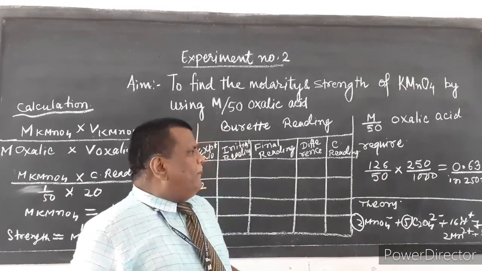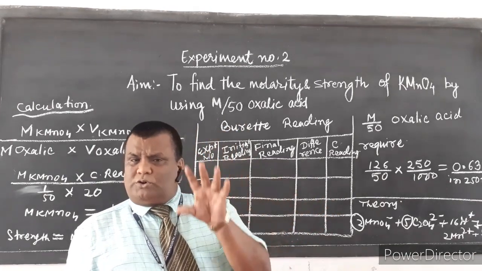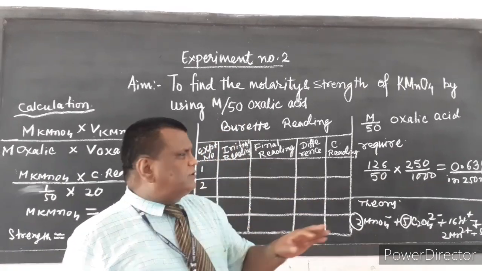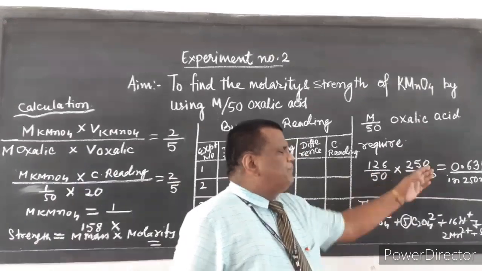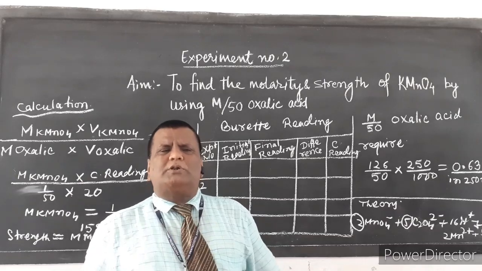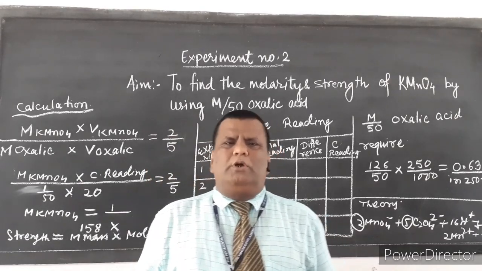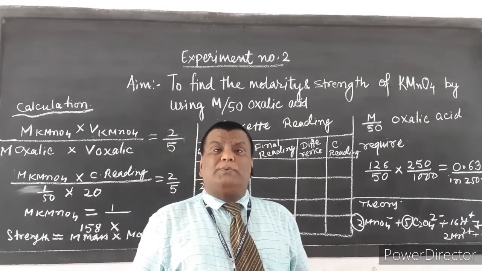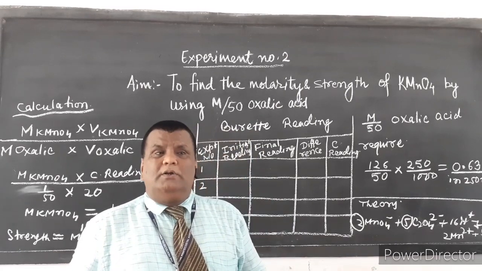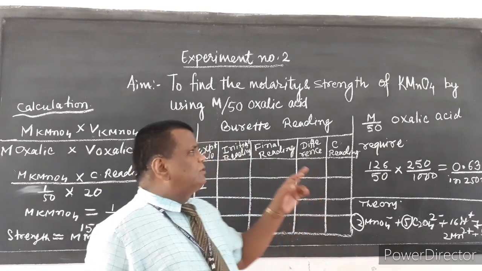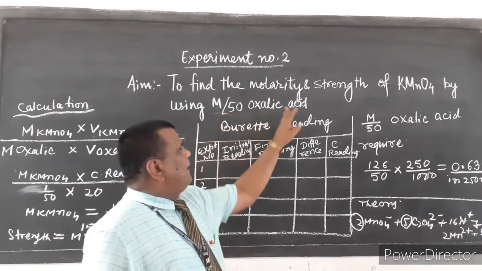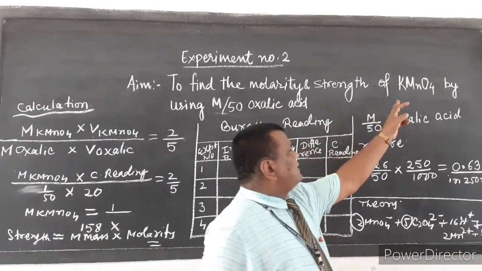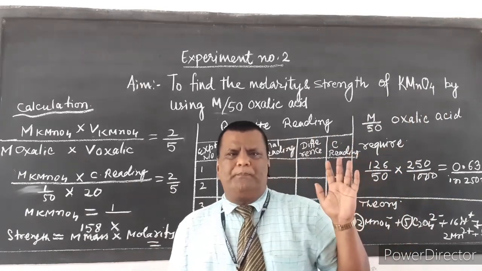So we have two solutions: oxalic acid solution whose strength we know, and KMnO4 solution whose strength we do not know. That's why titration is required. So we have to use oxalic acid of this strength, and you have to find the strength of KMnO4 solution.